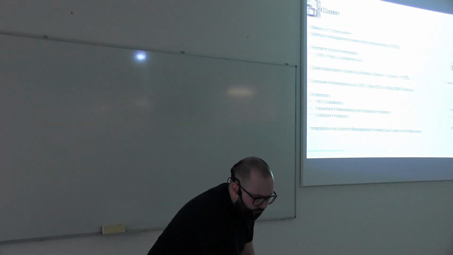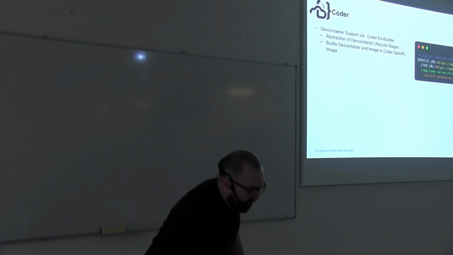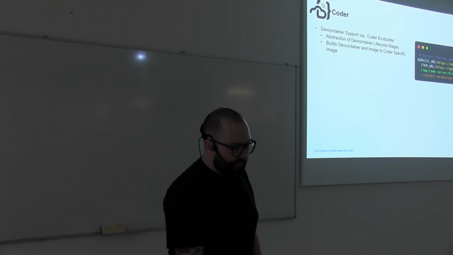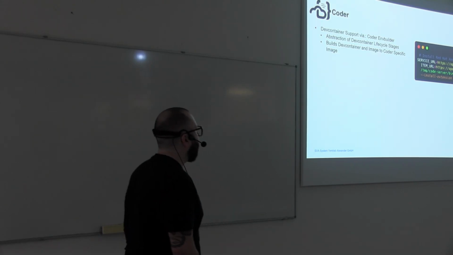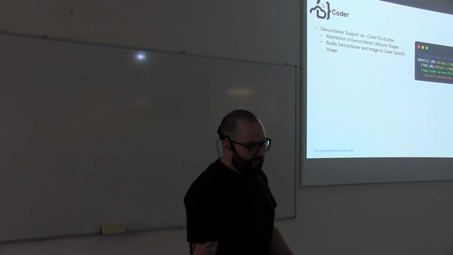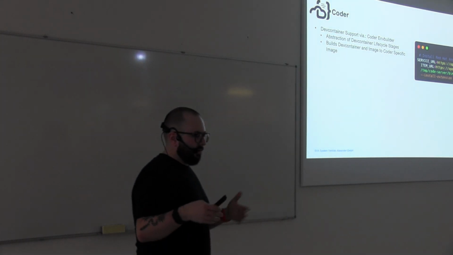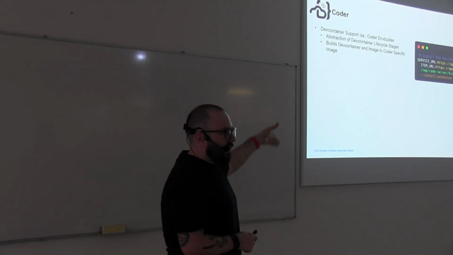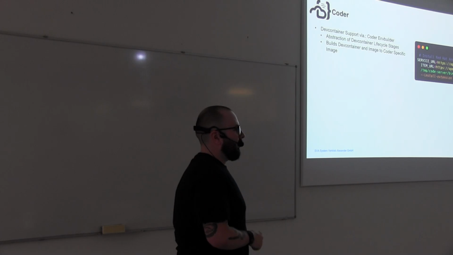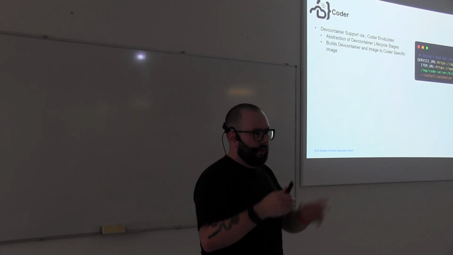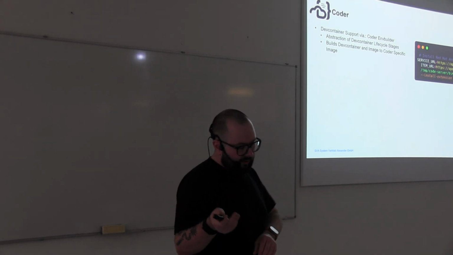The thing with Coda is it supports dev containers, kind of. There's a tool called Coda Env Builder, which is built into this, and it is a bit of an abstraction of the dev container lifecycle stages. In the dev container JSON spec we looked at, there are things like if this container starts, run this kind of script, and Coda doesn't support this.